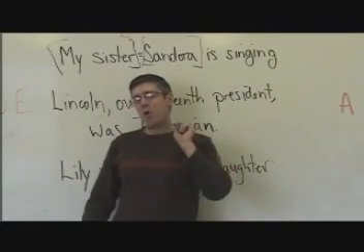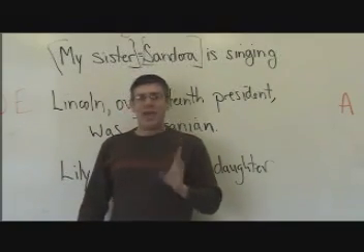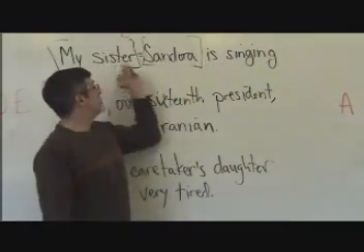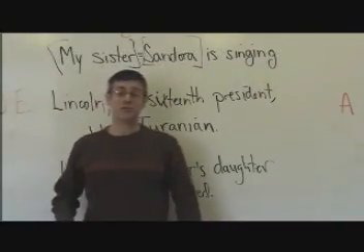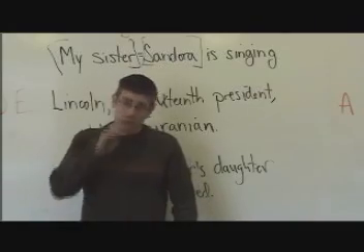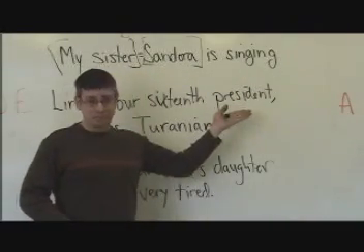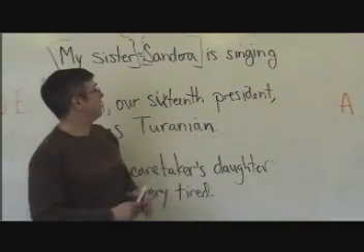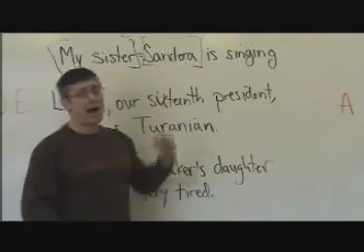Because if you have one sister only, Sandora, then my sister completely identifies who you're talking about, because you would say, my sister, who, by the way, is Sandora, is singing. And if that were the case, then Sandora would be non-restrictive, and you would put commas around it.